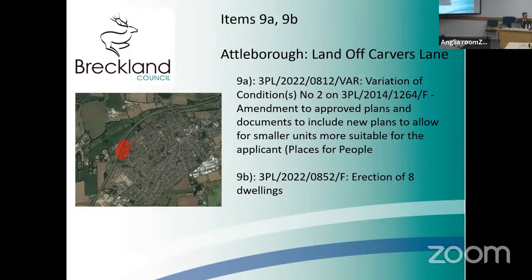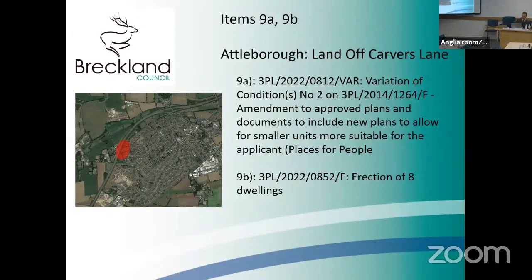But before I go into the detail of the applications, just an update to the recommendation on item 9A. You'll see in the recommendation it is recommended for approval subject to conditions. It's just to add in there subject to entering into a deed of variation to update the planning obligations, so that existing consent is subject to a section 106, and that's in relation to the affordable housing provisions in particular.